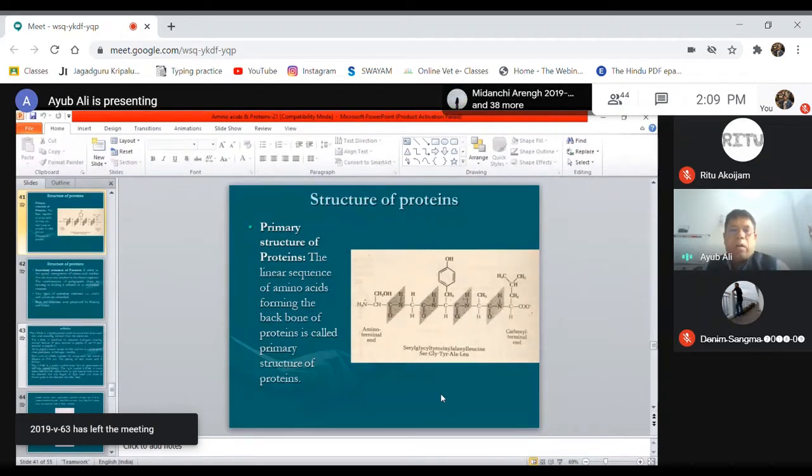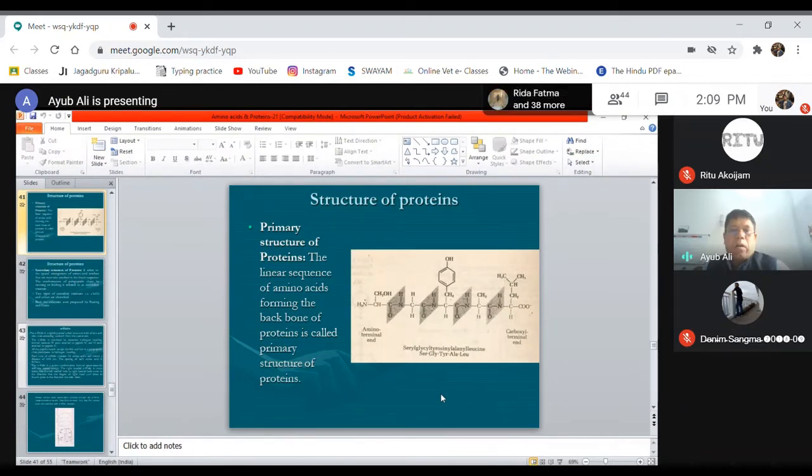Now, primary structure. What do we mean by the primary structure of the protein? The primary structure of the protein refers to the arrangement of the amino acids in the protein. How the amino acids are placed in the linear sequence of the protein is called the primary structure.